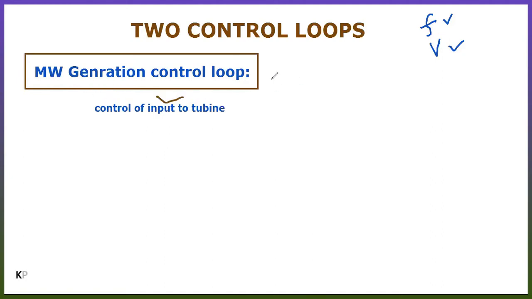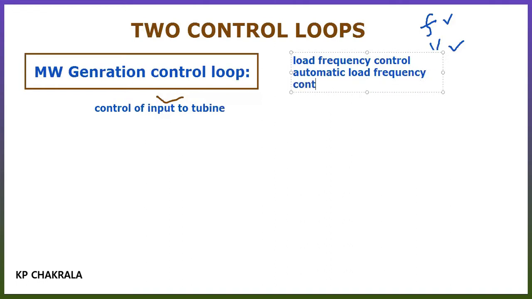Now this megawatt generation control loop is also called a load frequency control, automatic load frequency control, and it is also called an automatic generation control, well known as AGC, automatic generation control loop.